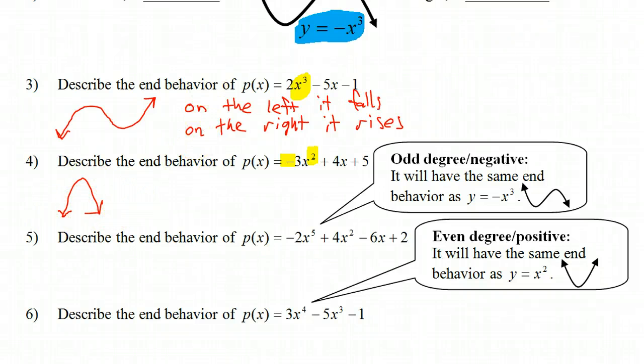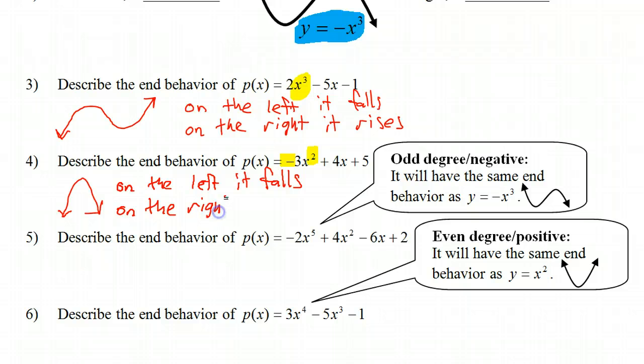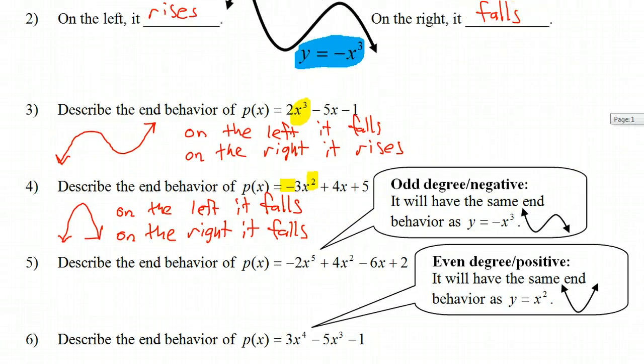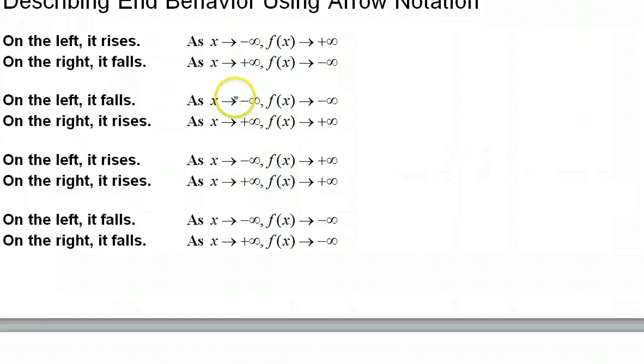So then we can go ahead and say the end behavior. On the left it falls, and on the right it falls. Okay, now look, we learned end behavior using arrow notation, and that's coming.